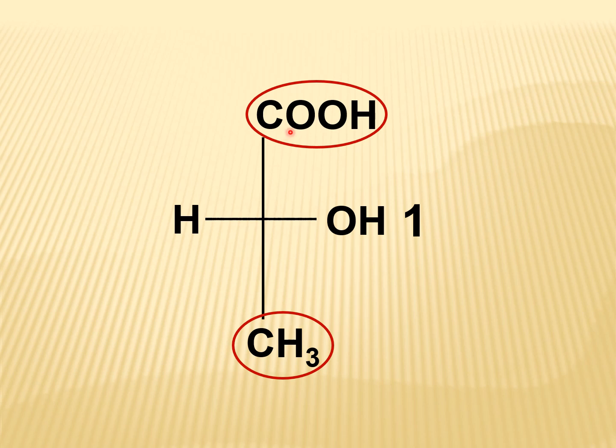So the total atomic number here is 24, oxygen into 3, and here it is 3. So COOH has more priority compared to CH3. COOH has second priority, CH3 has third priority, and hydrogen, which has the least atomic number, has priority 4.